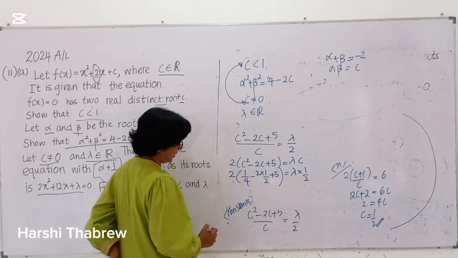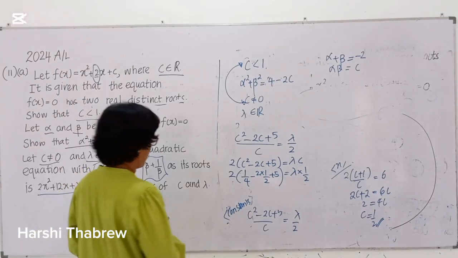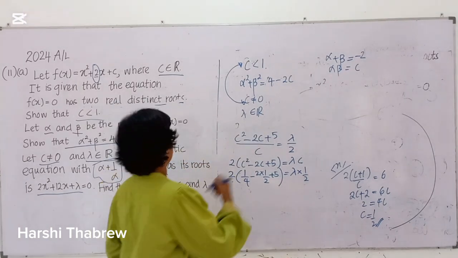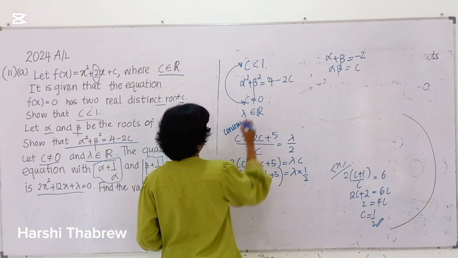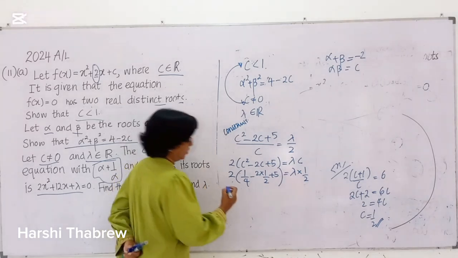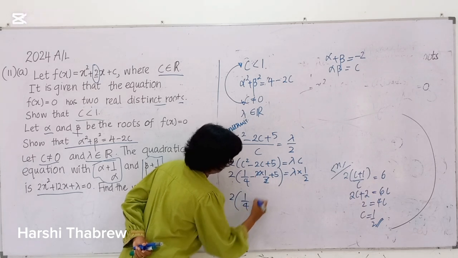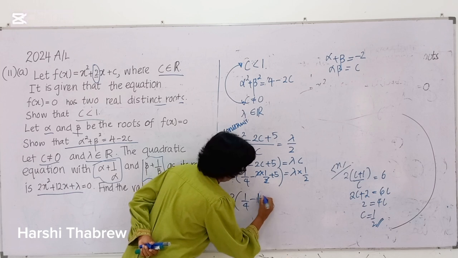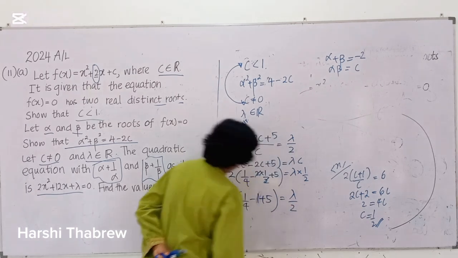So, let's do the simplification. Okay, 2 times 1/4, this is cancelled, so minus 5 minus 1 plus 5 equals lambda over 2.